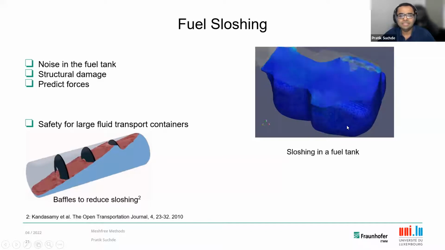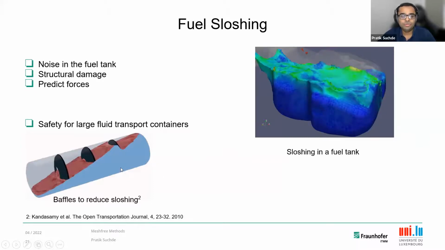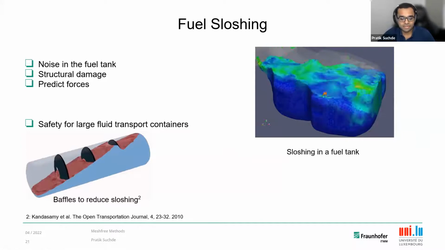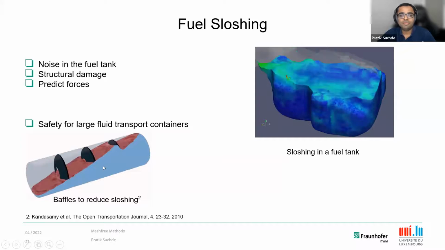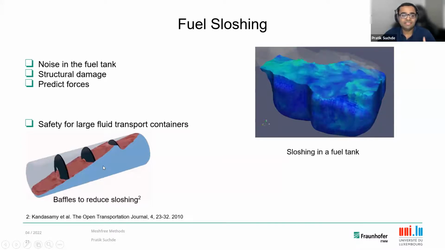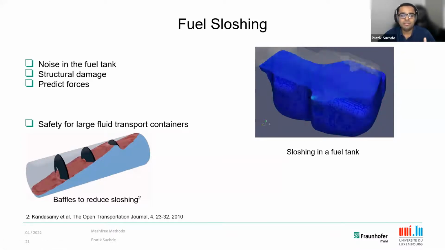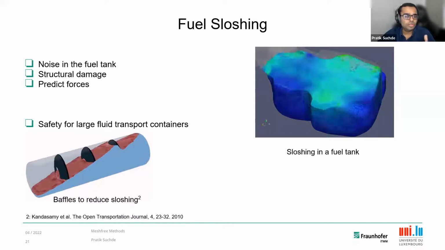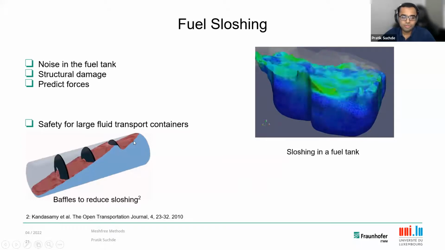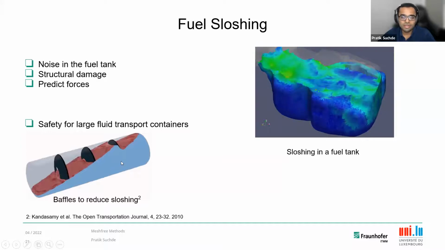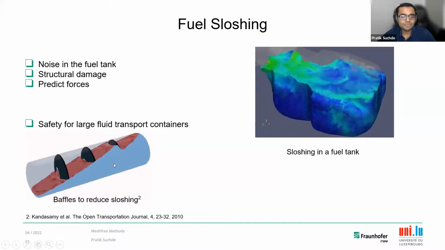Now, this problem is really exacerbated for large fluid transport. If you think of these large oil tankers that transport oil over large distances, for them this problem can truly affect the safety of moving the tanks, because when you're doing a steering maneuver or when you're doing sudden acceleration or braking, the impact of the fluid on different sides of the tank can cause instability in the vehicle.